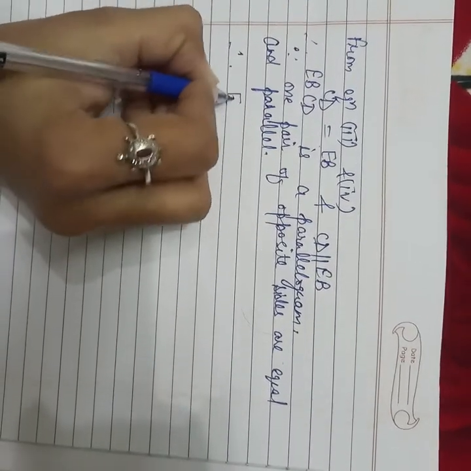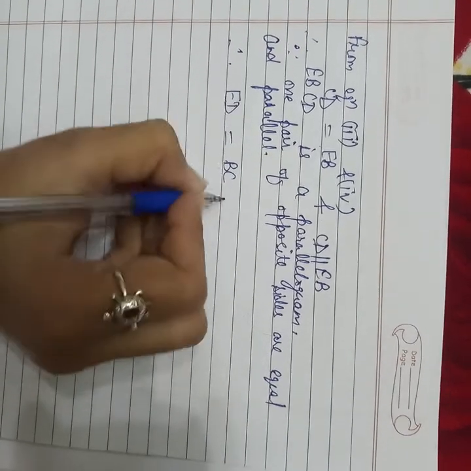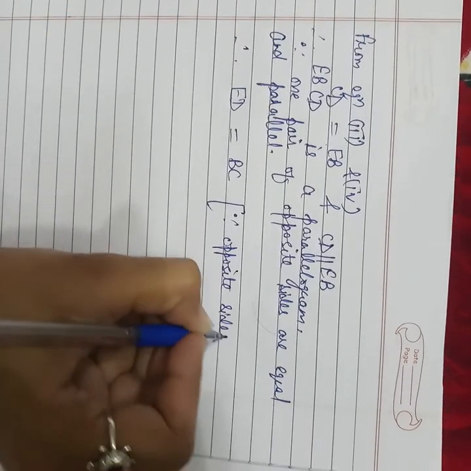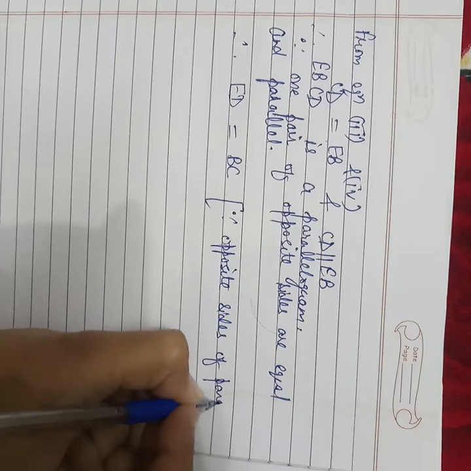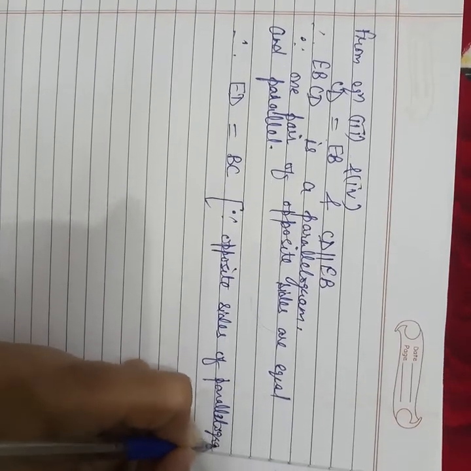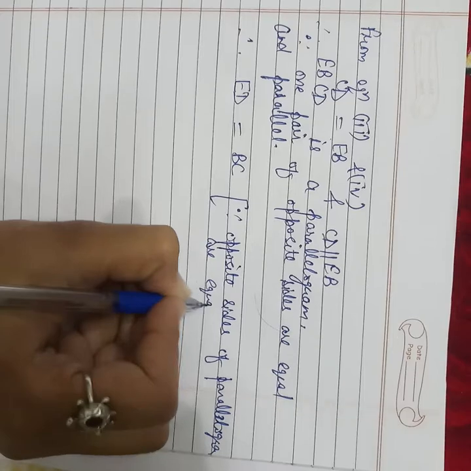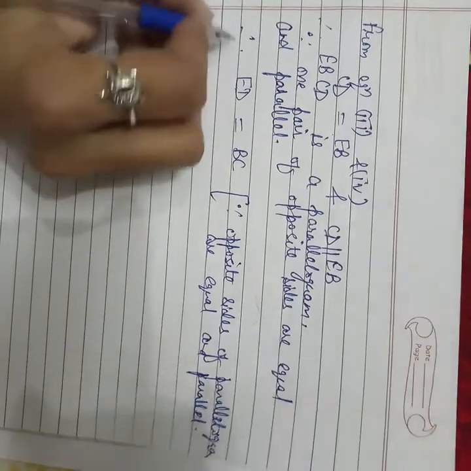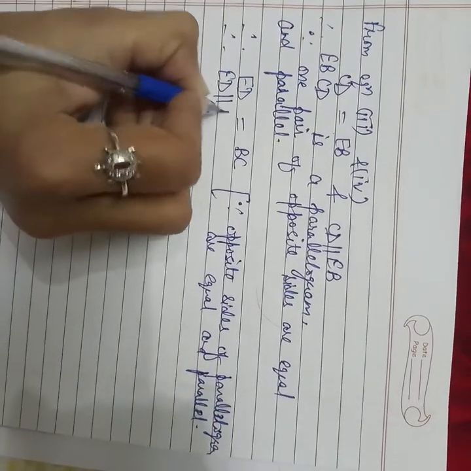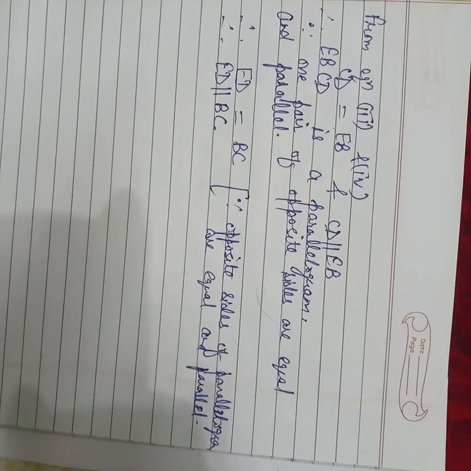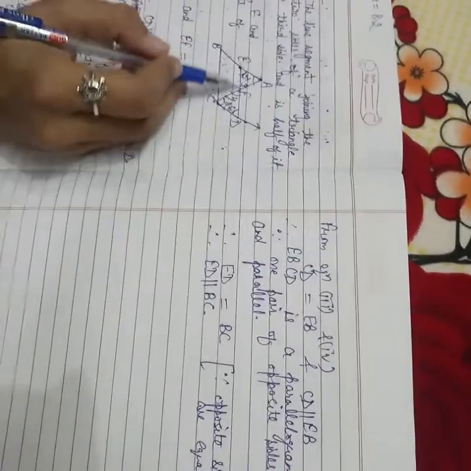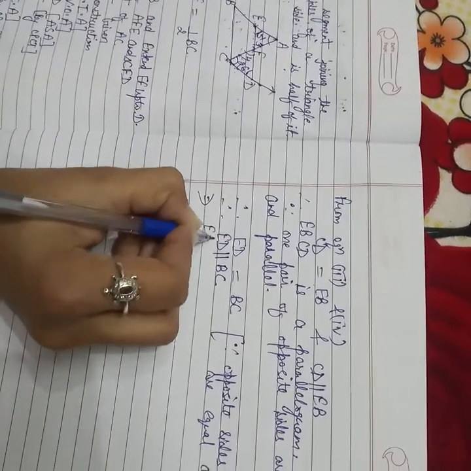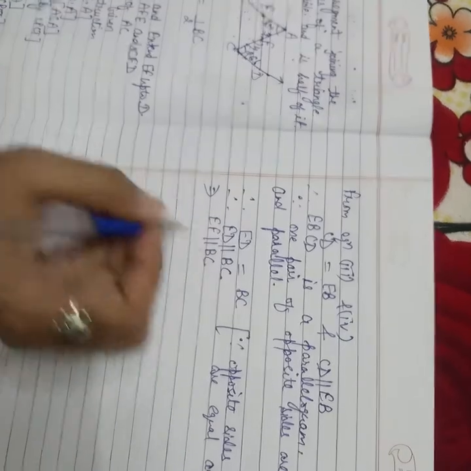Therefore ED equals BC because opposite sides of a parallelogram are equal and parallel, therefore ED is parallel to BC. Now ED is parallel to BC, therefore EF is also parallel to BC, which implies EF is parallel to BC.